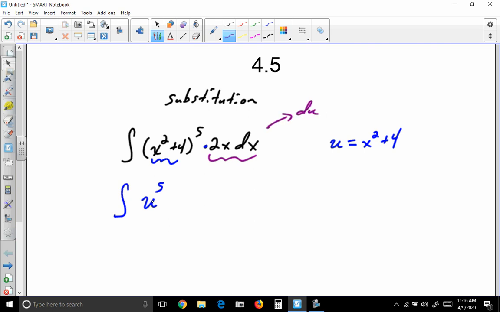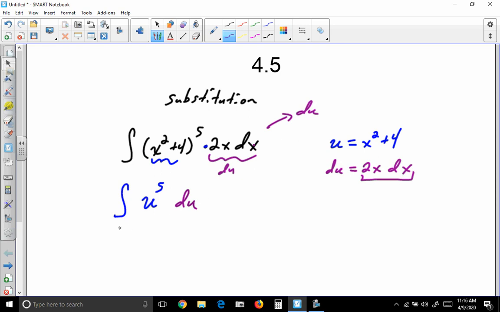If this variable is u, then we need our dx to change to du, so we just need to change this to a differential. If u is x squared plus 4, then du is the derivative of x squared plus 4 times dx. That's equivalent to du, and that's exactly what we have left. So that part we change to du.